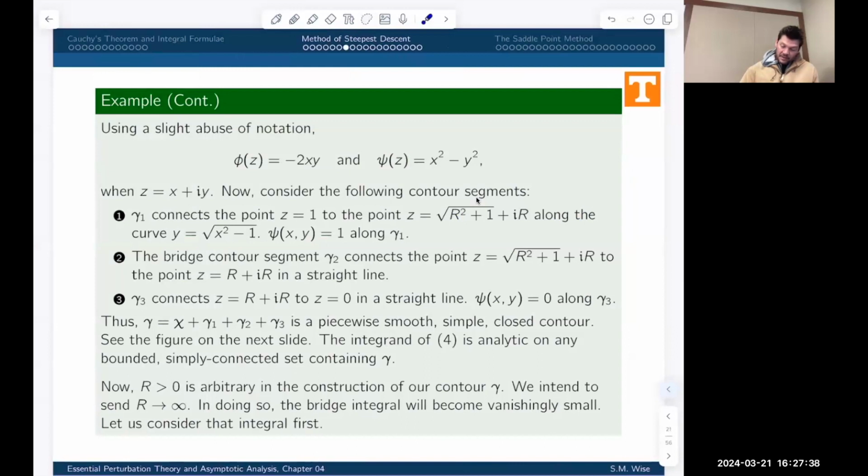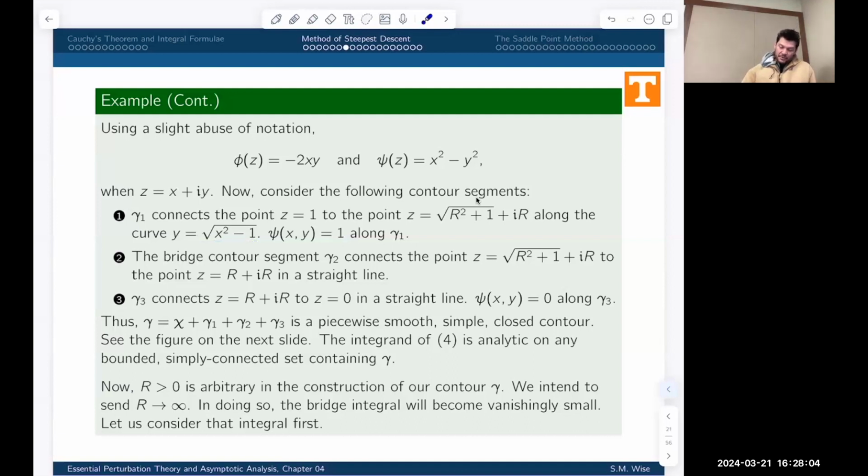Okay, so that's how I know to stop at this point specifically. That's my gamma 1. You start at z equals 1. You traverse a curve out to z equals square root of r squared plus 1 plus IR, where the curve is exactly equal to that. And another way of expressing that curve is to say that that's the curve where psi is equal to 1.